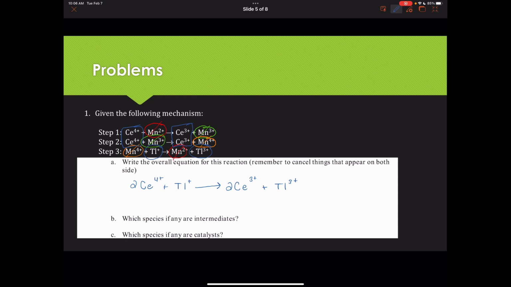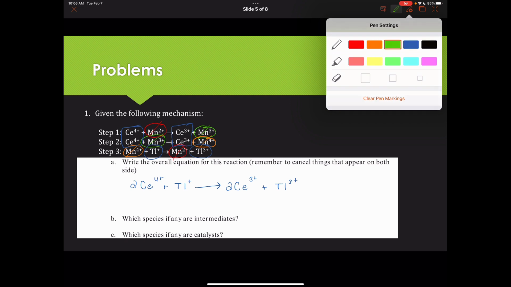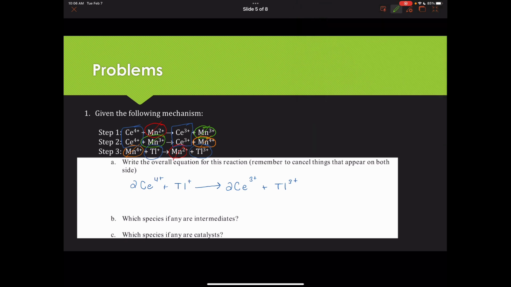So then we're asked to identify any intermediates. So again, our intermediates were going to be substances that we formed as a product in one step. We turned around and used it as a reactant in a later step. My Mn3+ was an intermediate. We formed it in step 1. We turn around and used it in step 2.